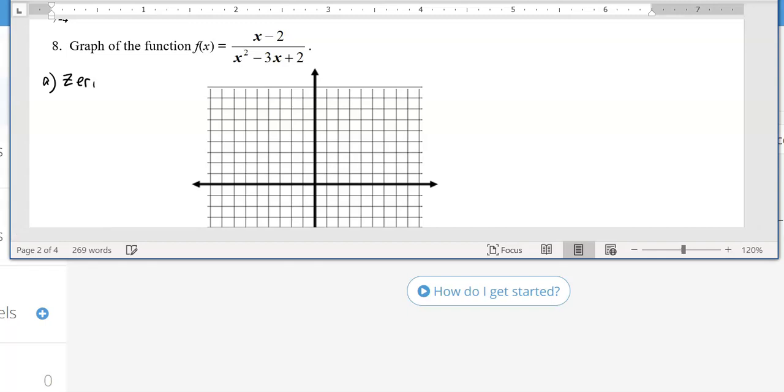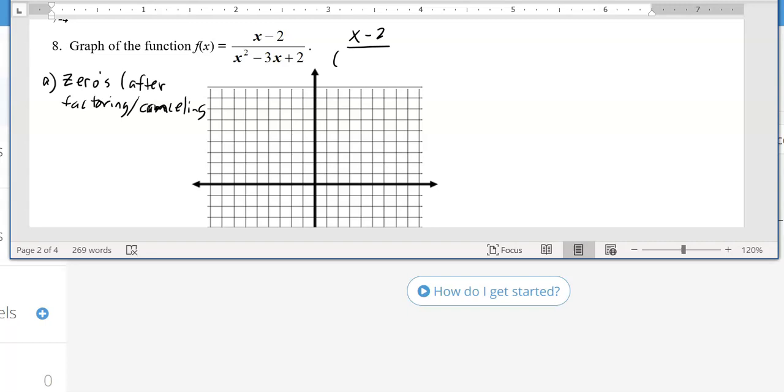The first one involves finding zeros. And I'm going to put a little note here. Make sure you do that after factoring and canceling. So make factoring and canceling part of this first step. All right, so the numerator doesn't factor, but the denominator does.